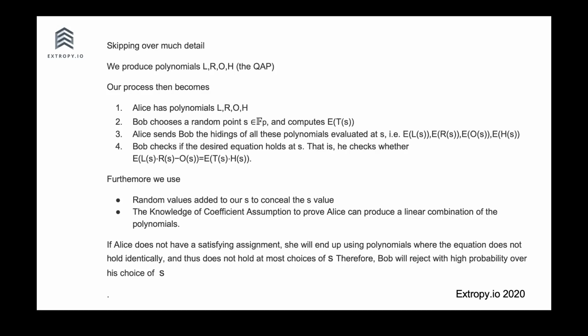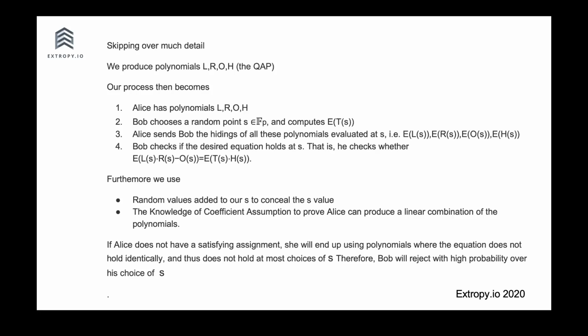So we have these polynomials, and then Bob is able to choose random points to compute the values of the polynomials at certain points. Again, I won't go into the details, but he can calculate these polynomials at various points and show that the equalities exist between these polynomials.